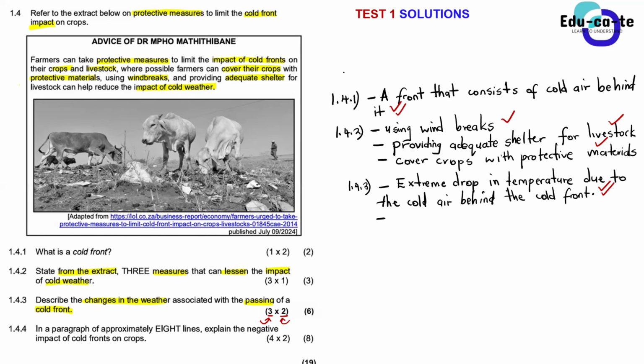Rain or storms may develop. What? Rains or storm may develop. Yes, so we're gonna have what type of rain? Try to be specific. What type of rain are we gonna have? Strong rain, sir.